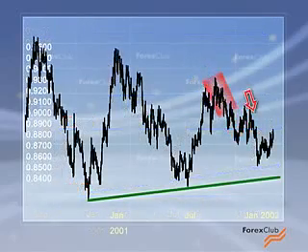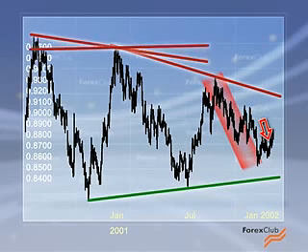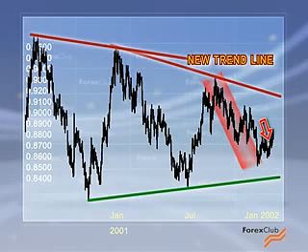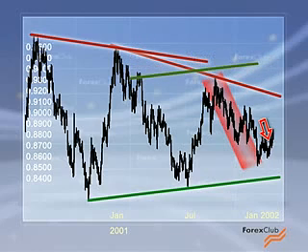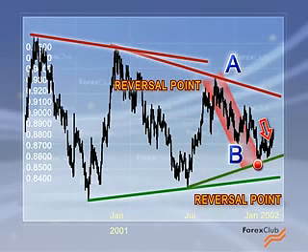Remember that a triangle needs 4 reversal points before it can be plotted. We believe that with symmetrical triangles, the angles of incline for support and resistance should be equal. Therefore, once we've seen reversal at A and we've checked that the angles coincide, we can confidently plot the reversal at B. It's not quite a triangle, but who lives in a perfect world?